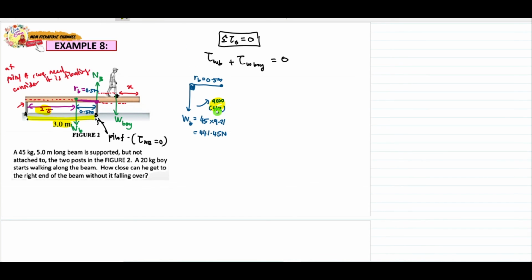And then we proceed to the second torque due to the weight of the boy. So from the pivot, and this is R boy, and this is the weight of the boy. Weight of the boy is 20 kg times 9.81. So berat dia 196.2 Newton.